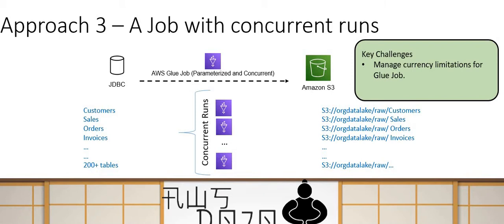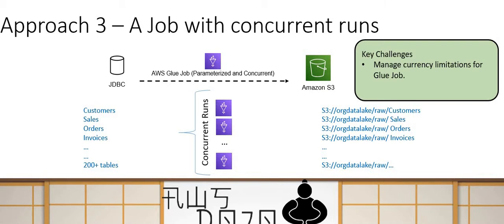But you should be aware that there are certain concurrency limits, like how many jobs you can run in parallel, and most of these are soft limits that are adjustable, so you can always put in a request to increase the limit if your business requirement is like that. But the biggest challenge is that you have to manage your concurrency limit.